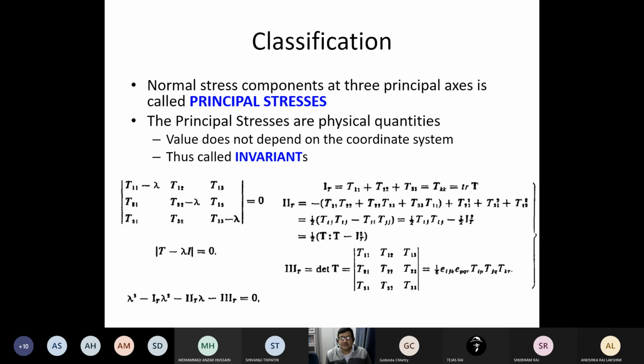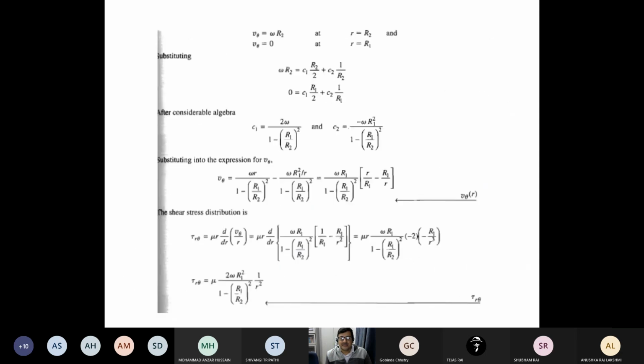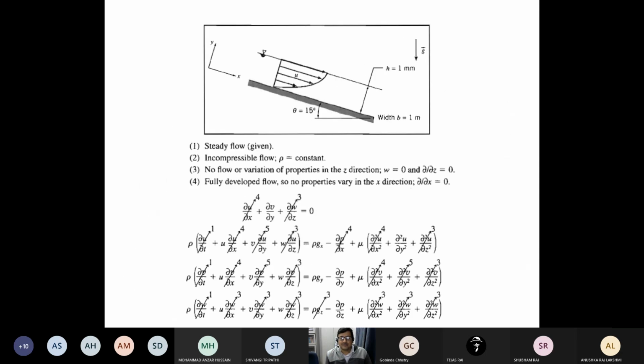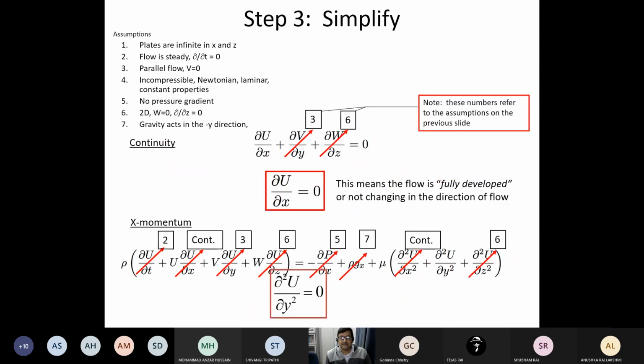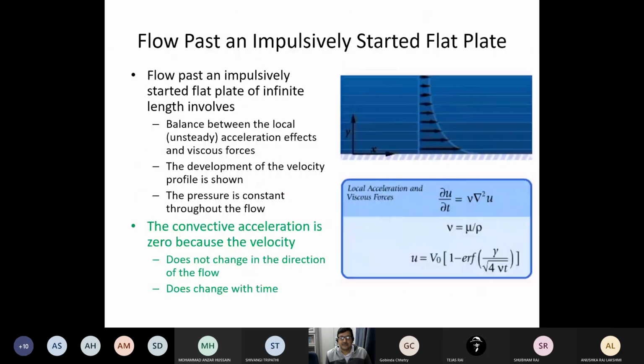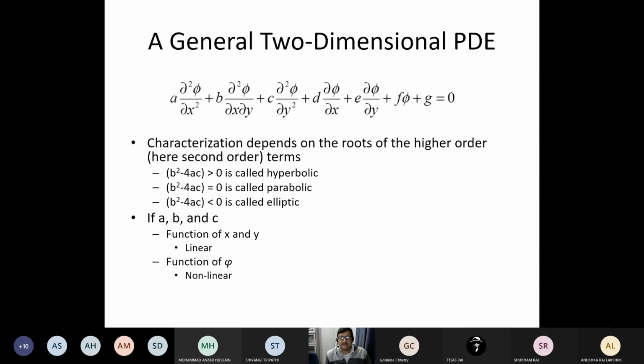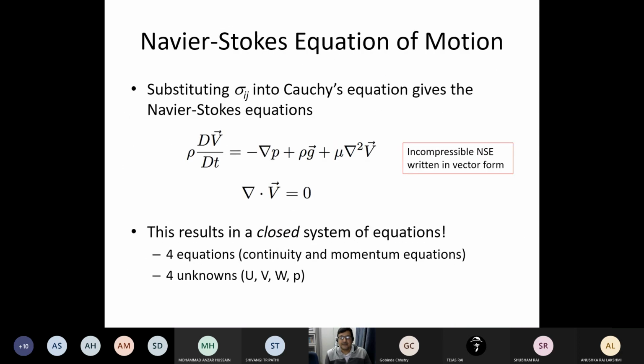So if I go back to the Navier-Stokes equations, where are they? This equation is a balance of what? Linear momentum, sir. Only linear?